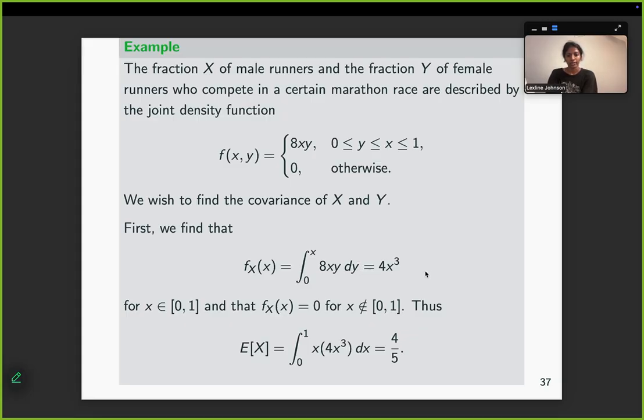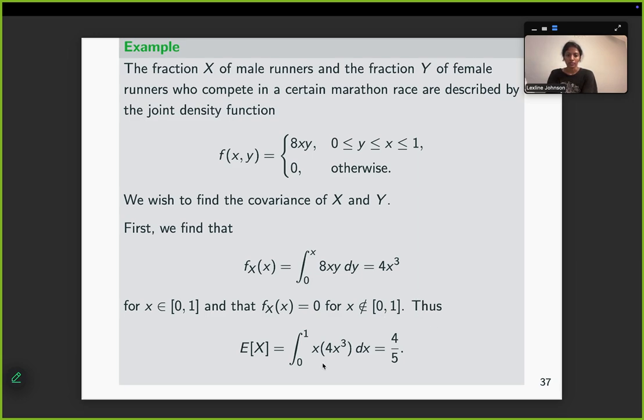When we solve that, we get 4x^3 for X between 0 and 1. We can now use that to calculate our expected value.